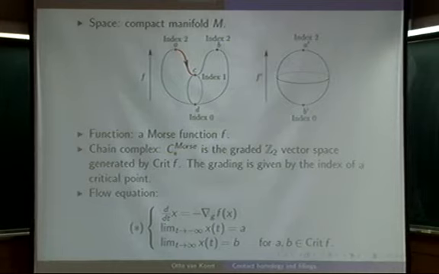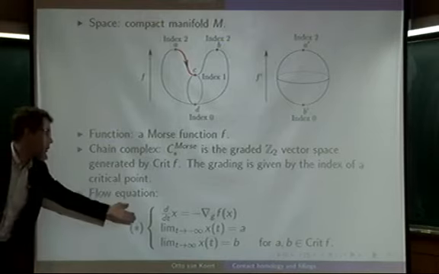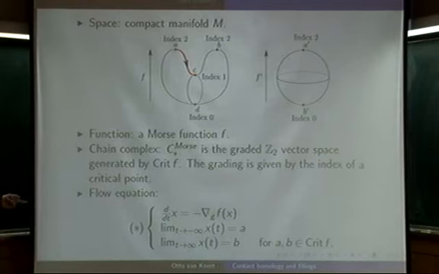Okay, so that's then given. Now, how do you define a differential? For that you need some additional data, namely a metric. So you take a metric on M, and then you can write down the flow equations for this complex. It's just an ordinary differential equation. In this case, you take the gradient with respect to this metric of this Morse function, and then you can look at flow lines.